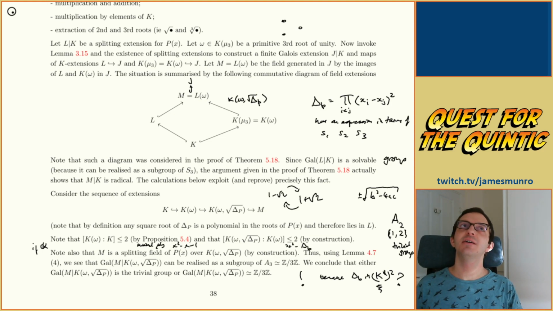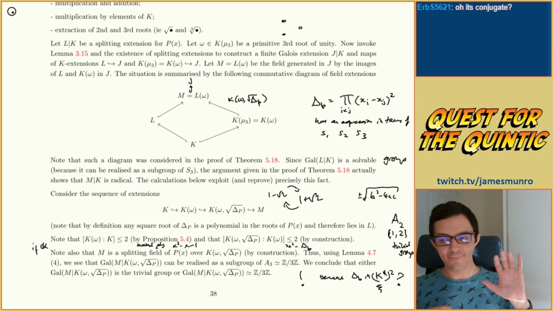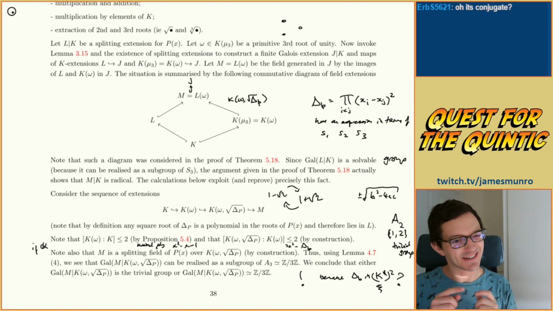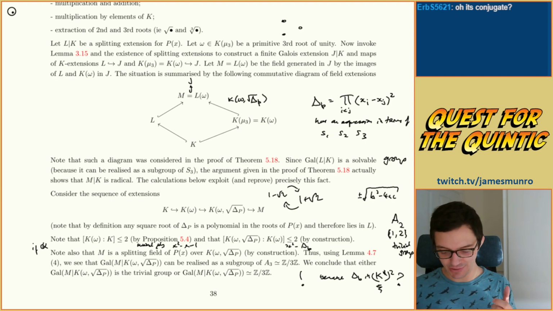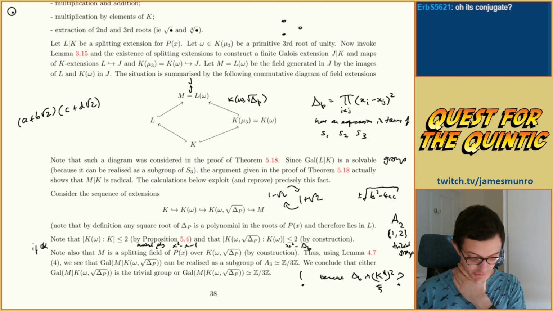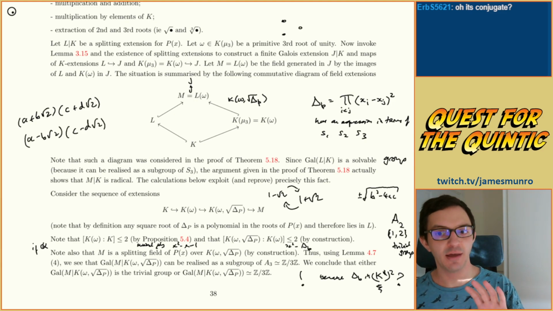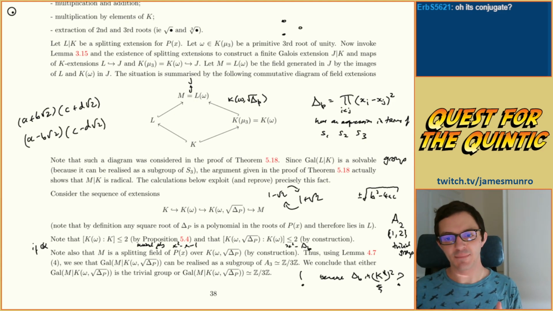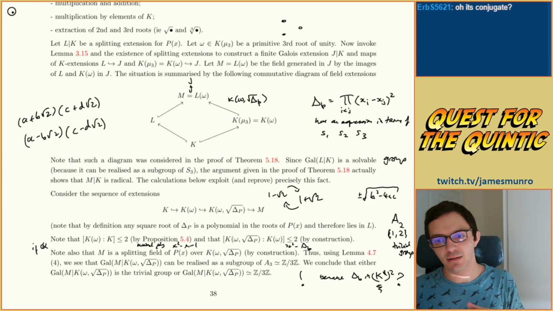Then you can take any expression with root 2 in it. Like conjugation, but not complex conjugation, just switching the root 2's and the minus root 2's. I think it's true. You can take any expression with root 2's in it and switch all the root 2's for minus root 2's, and you don't get the same thing, but you do get a consistent thing where the answer is going to switch as if I'd just switched the root 2 to a minus root 2 in the answer as well.